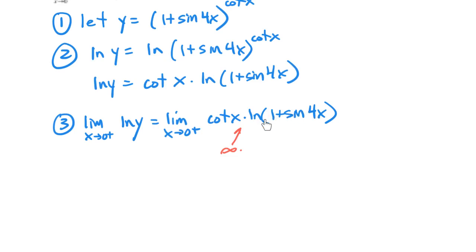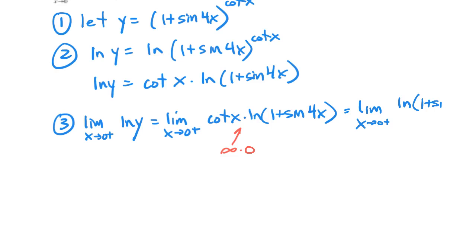But as this approaches 0, the natural log of this is approaching the natural log of 1, which is 0. So this is going to be infinity times 0. So just like before, we had to put one of these on top of the other one to make this work. So we've got the limit as x approaches 0 from the right.